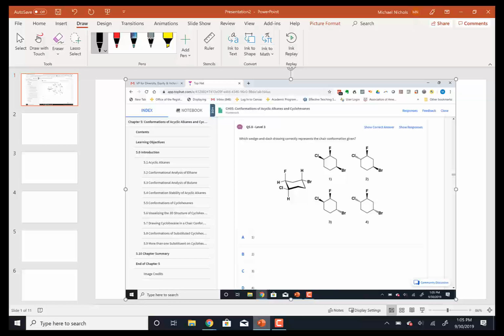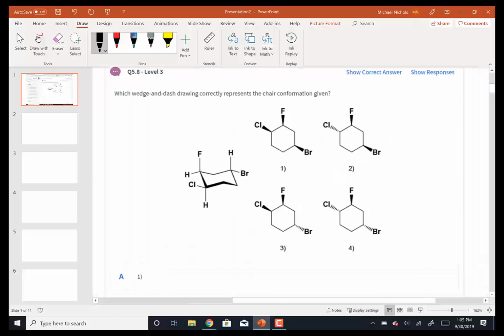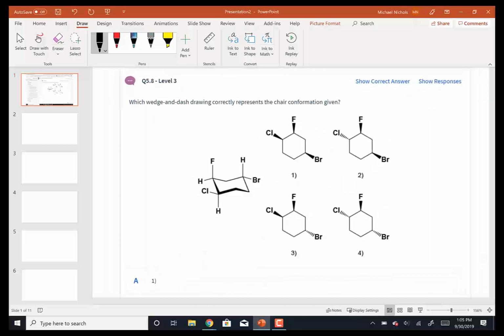All right. So in order to understand how we can determine which of these flat cyclohexanes, as I call them, is the same as the chair, we need to realize what the positions are in the chair itself.